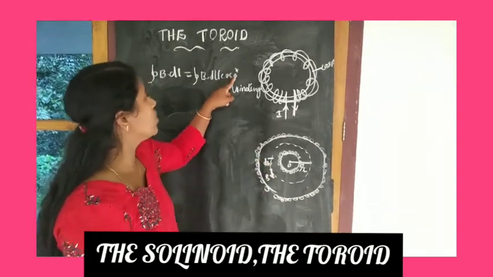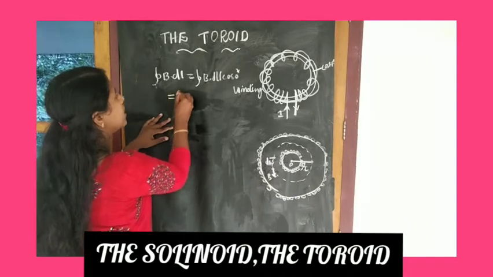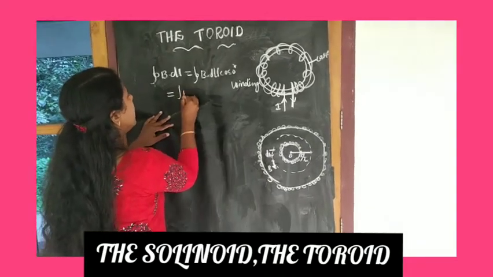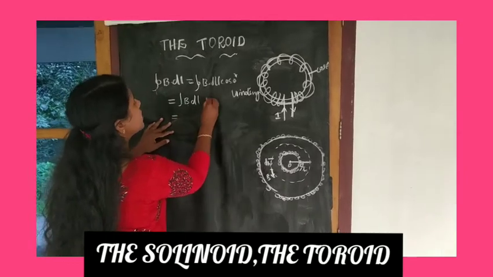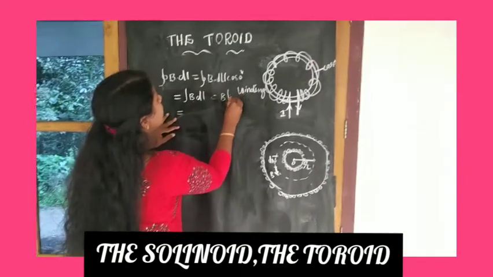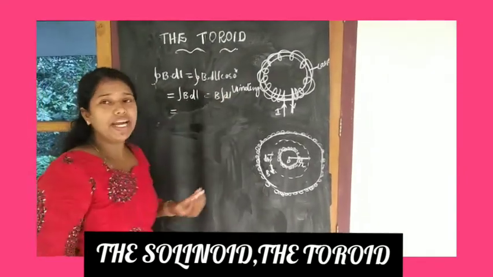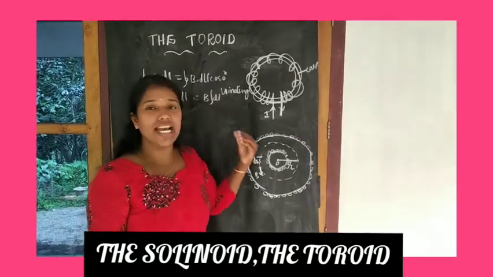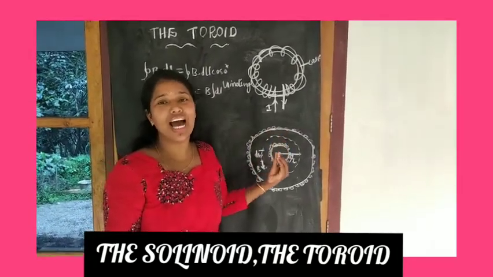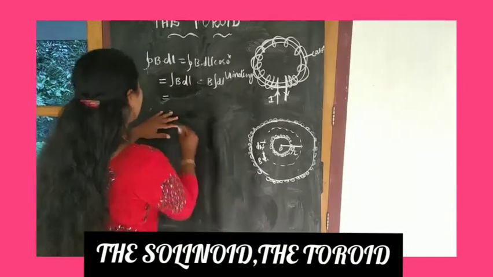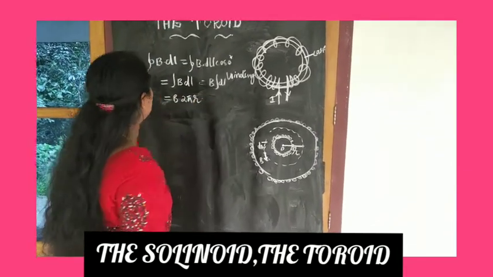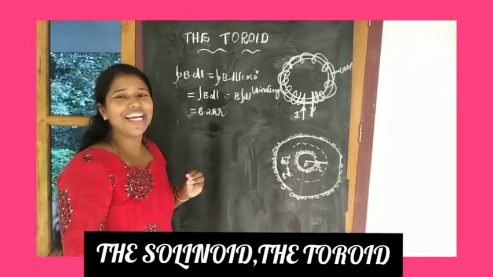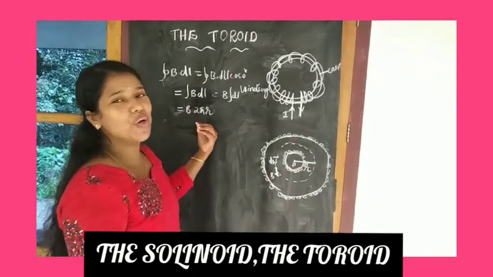So it equals B into the integral of dl, which is the circumference of the circle, where r is the radius. Then we write B into 2 pi r.